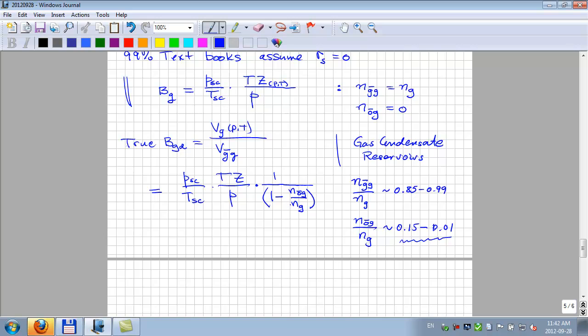That's what it should be. Where this number here is somewhere between 0.01 and 0.15.